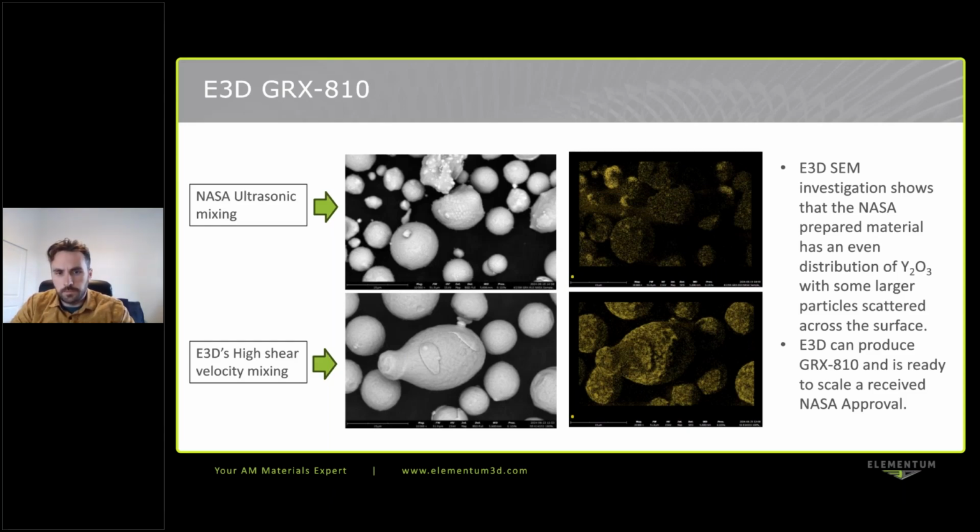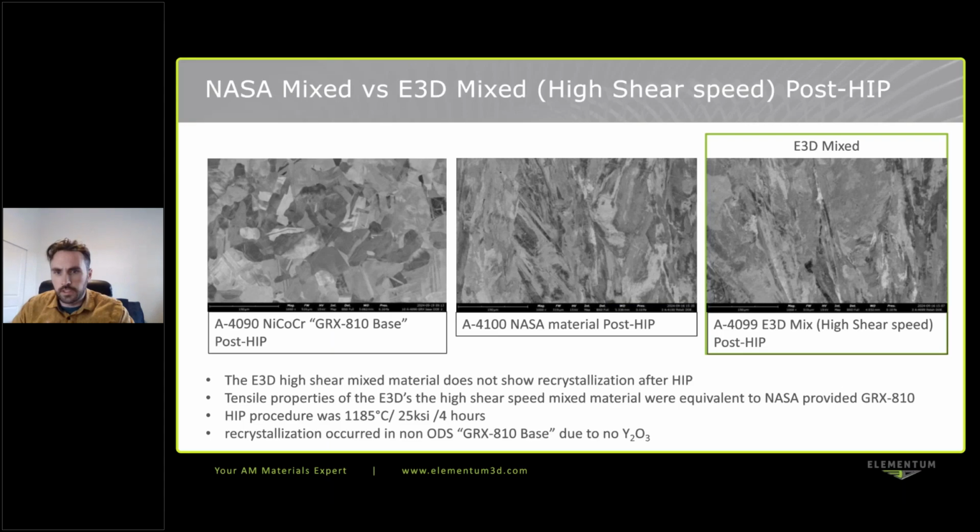And on the bottom, using our mixing technique at Elementum 3D, we're able to not only coat the GRX-810, but also coat larger quantities of it. And not only have we been able to show that on the powder side, we were also able to do that printing as well.